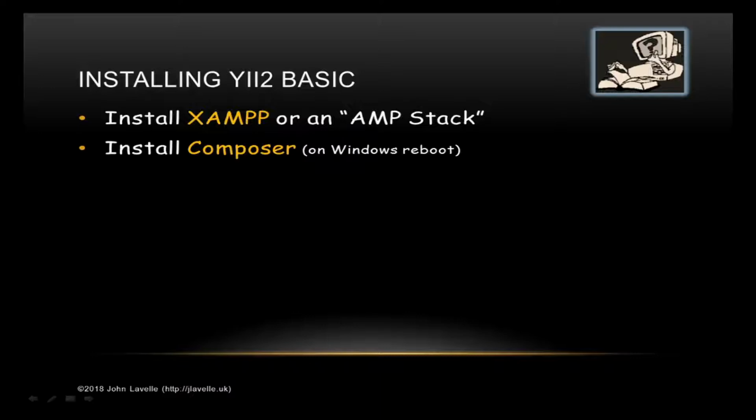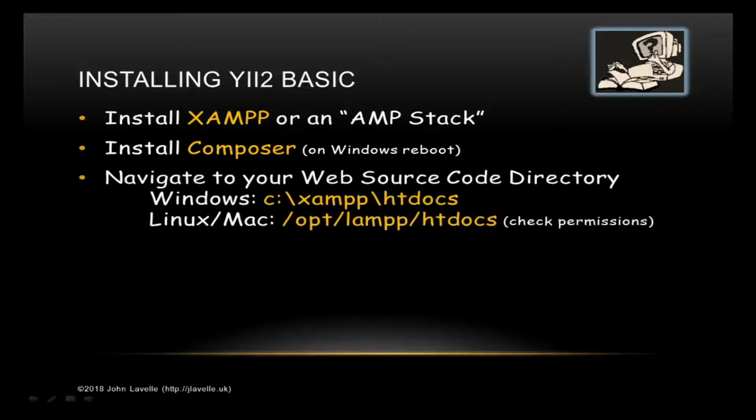Next, we need to navigate to your source code directory after you've done your reboots. In Windows, I would strongly recommend that XAMPP goes into the C:\xampp directory. Do not put it into Program Files. You will have all sorts of problems if you put it there. If you're on Mac or Linux, then it will go into the opt/lampp directory.